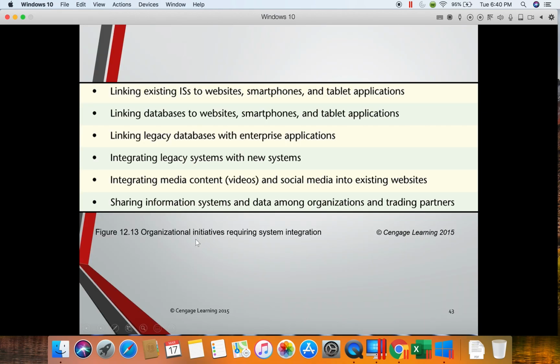So this gives us some examples of initiatives where we are integrating. Companies are linking websites and smartphones as well as tablet applications and databases to work together. And so we need to be able to integrate all of these things to share information because we don't want to store the information in multiple places.